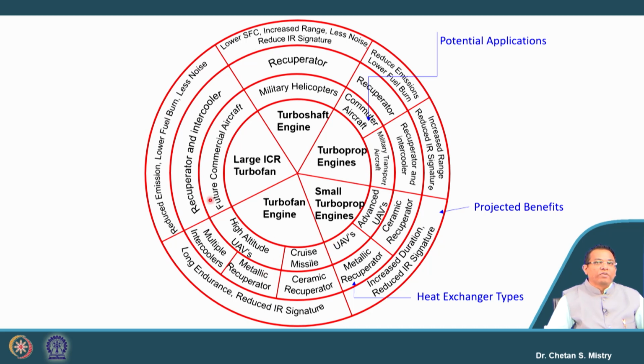If we look carefully, what we have discussed currently is a large intercooled and recuperated turbofan engine, where our target is to reduce emission, fuel burn and noise. At the same time, there is a special requirement for the turboshaft engine, where we are looking for the reduction of IR signature.